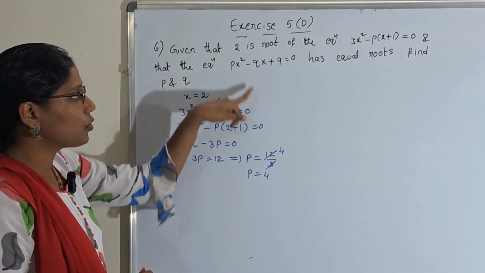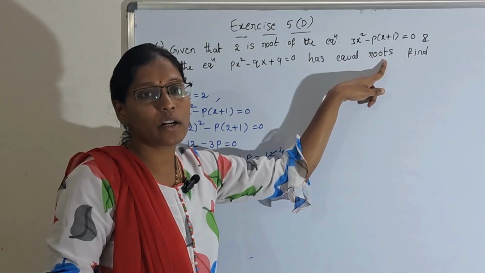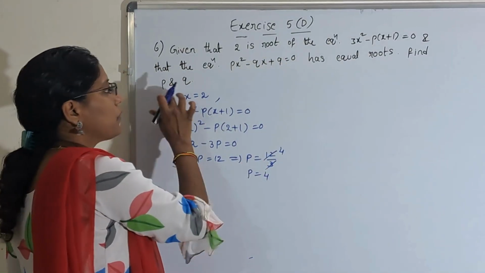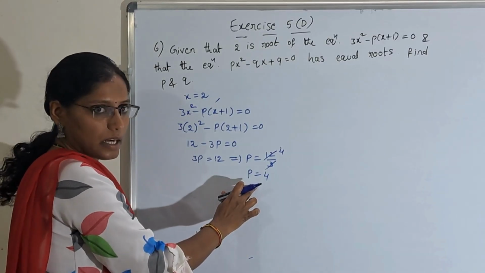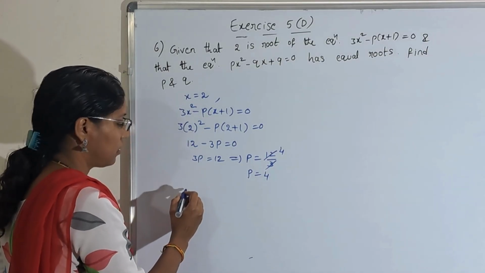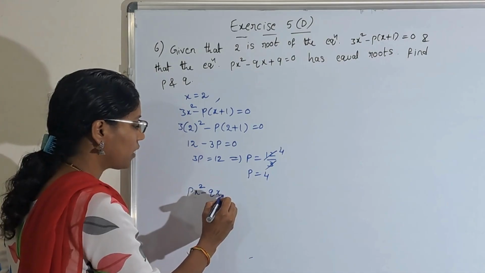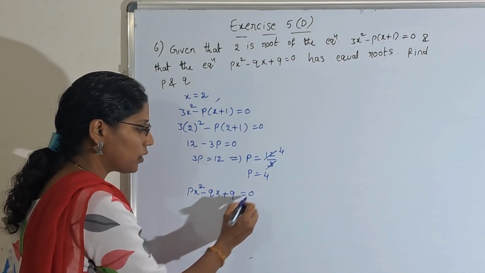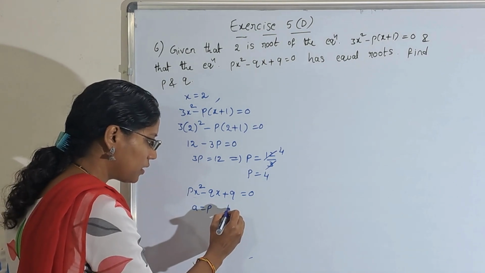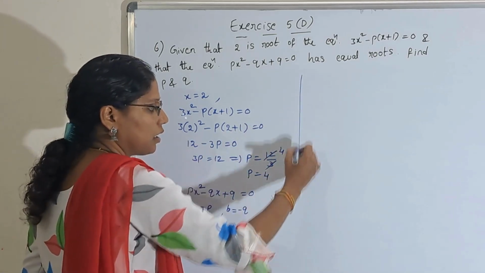Now we have to substitute the p value 4 in this equation. This equation has equal roots. Equal roots means the discriminant value is equal to 0. Find p and q. The p value we already got; we will get the q value. Here px square - qx + 9 = 0. a is equal to p, b is equal to -q, c is equal to 9.